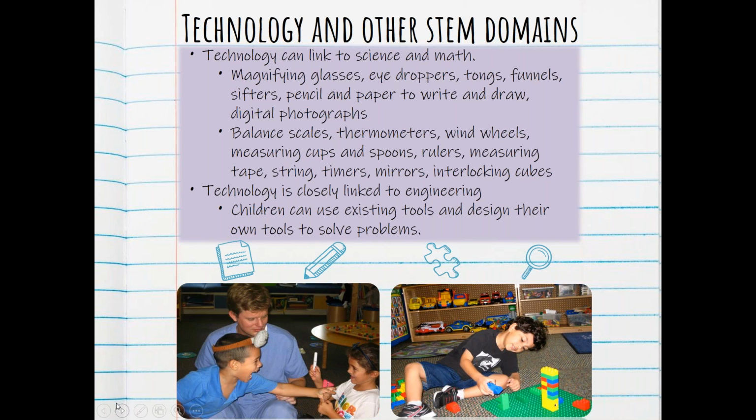Digital photographs. So there's your answer. Pencils are technology. Balancing scales, thermometers, wind wheels, measuring cups and spoons, rulers, measuring tape, string, timers, mirrors, and interlocking cubes. Technology is also linked to engineering because children can use their tools and design their own tools to then solve problems.